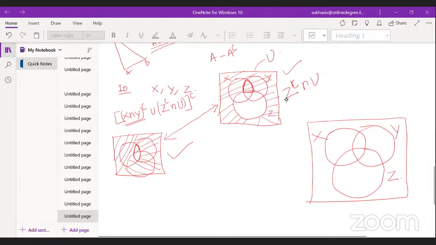But this particular region is in Z complement intersection U, so it will belong to their union, so you will get this set. And also you will get other things.